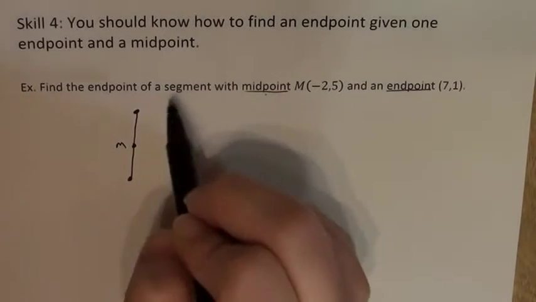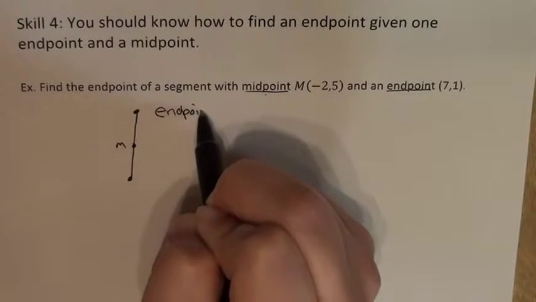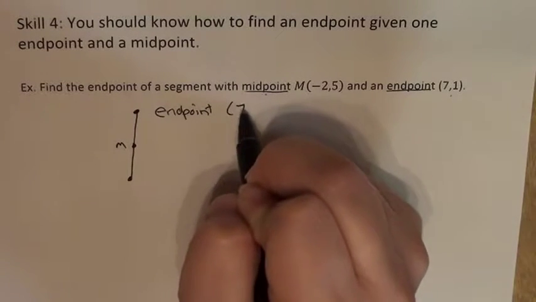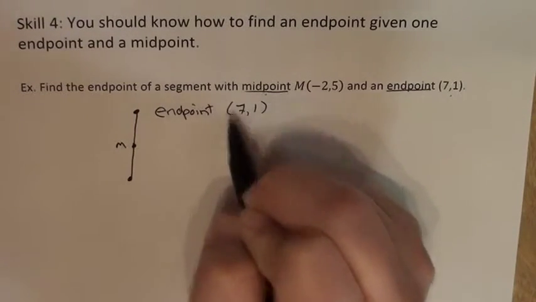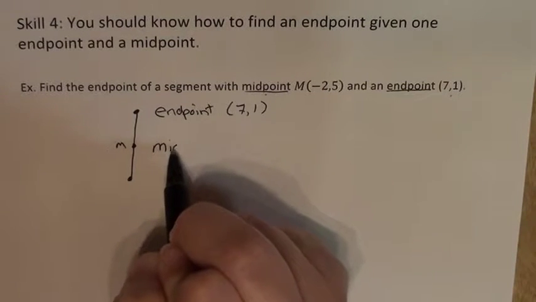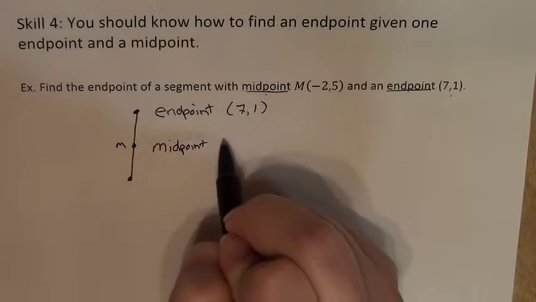So what we know is that one endpoint, this first endpoint, for example, is the point (7, 1). We know our midpoint is the point (-2, 5).